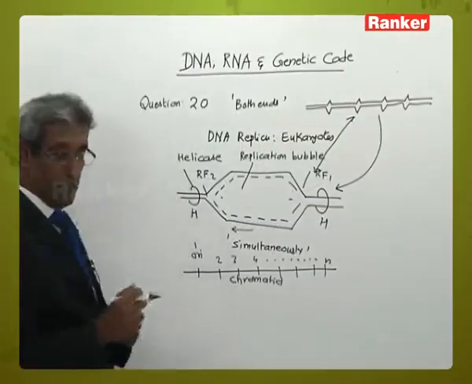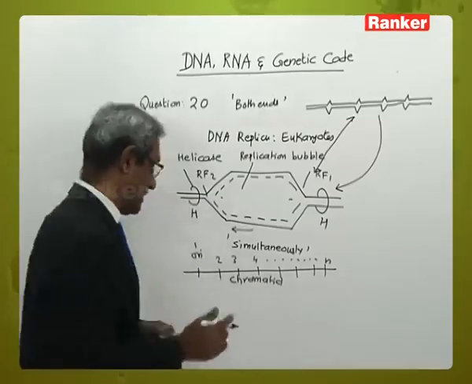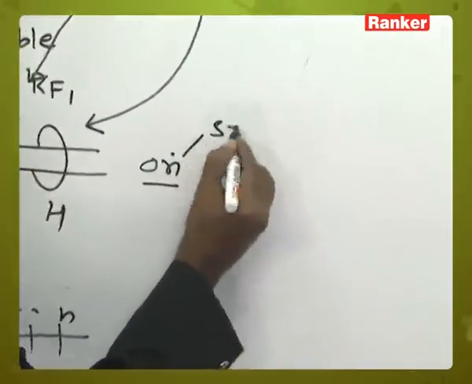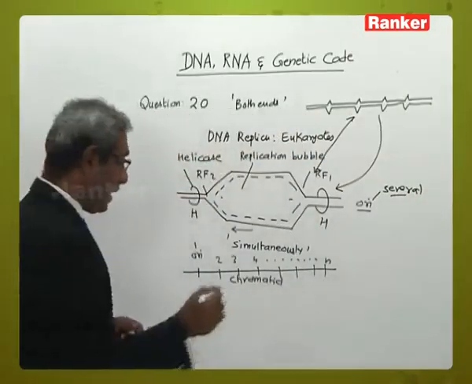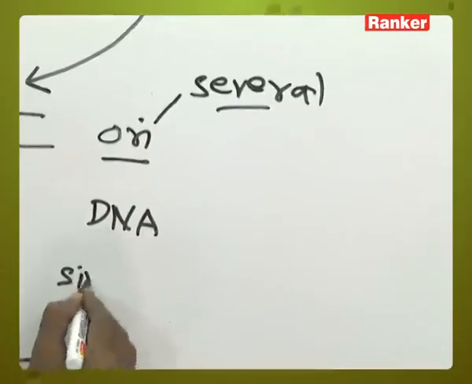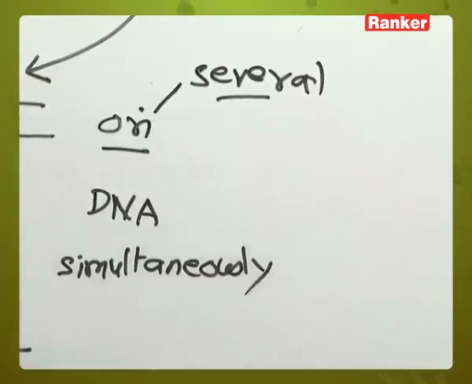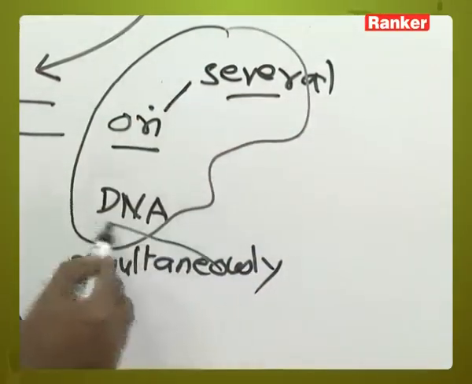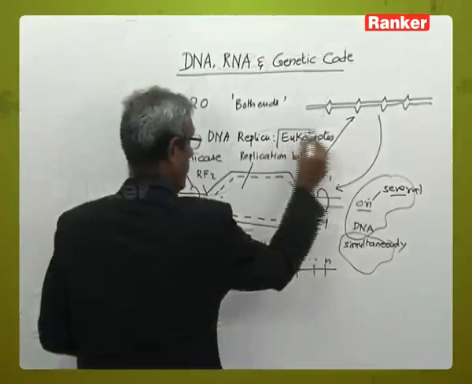Hence for question number 20, the right answer is it has several origin sites. ORI sites are several. There are several origin sites and it occurs along the DNA and it occurs simultaneously. So presence of several origin sites and which occurs simultaneously is the most important thing, especially in the case of eukaryotes.